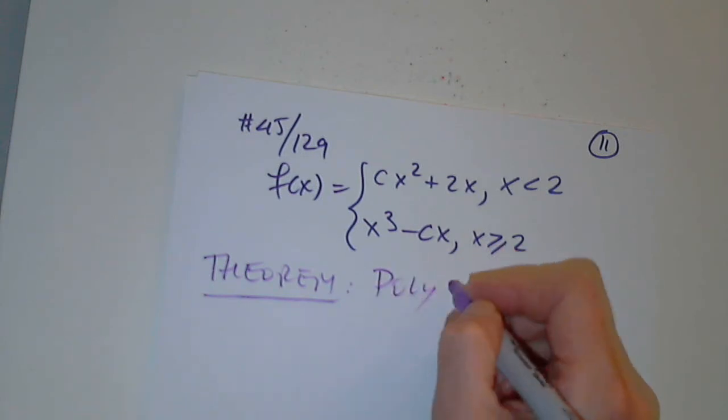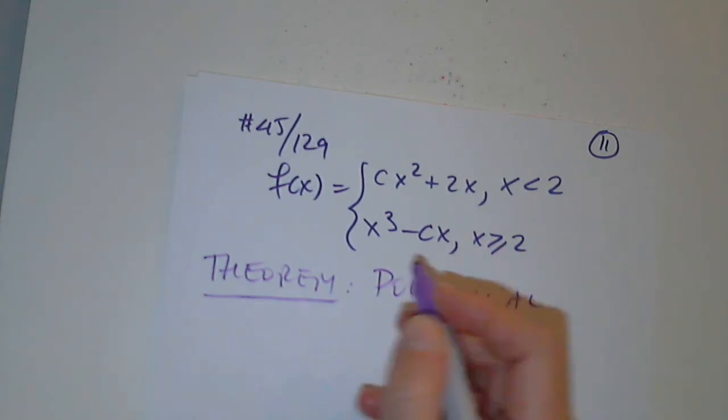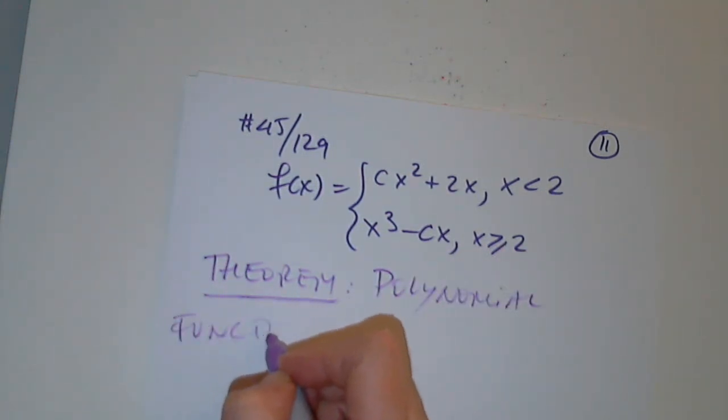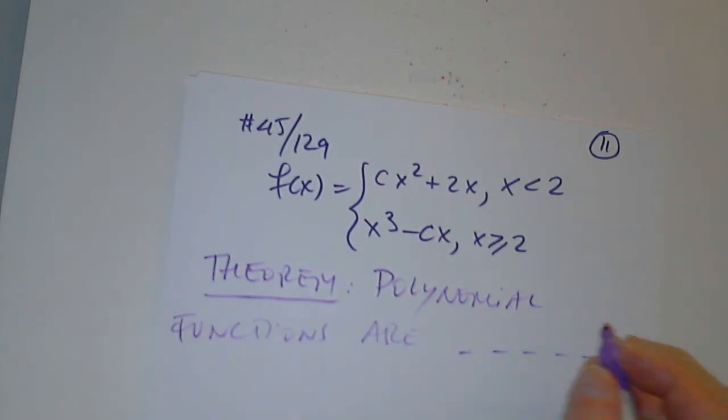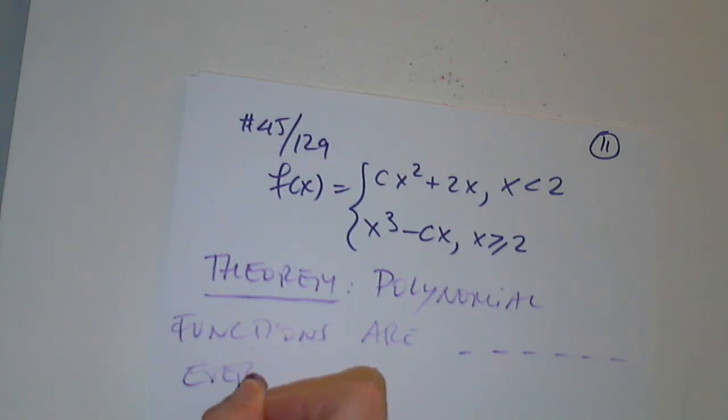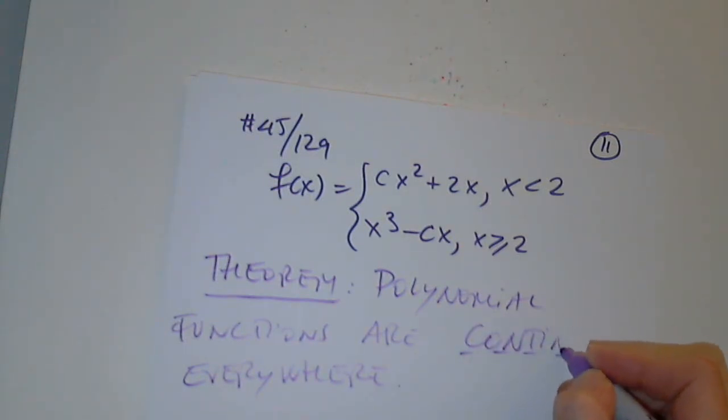Polynomial functions are continuous everywhere. What is the word I'm missing here? Continuous. Of course. They're nice. They're always continuous, everywhere, forever.